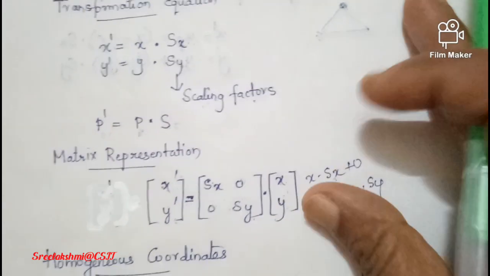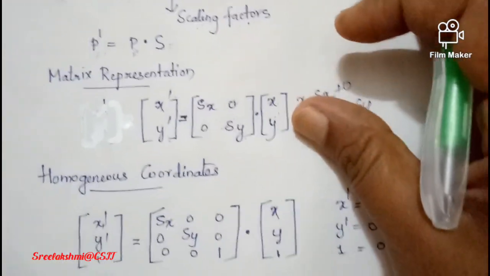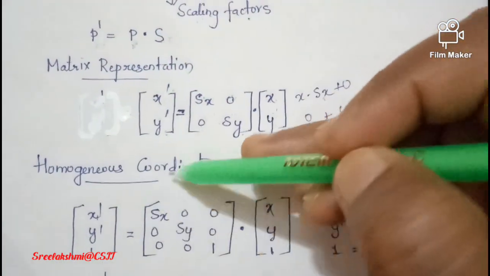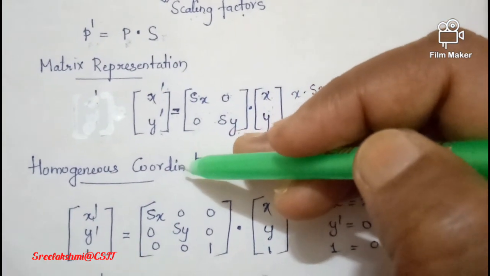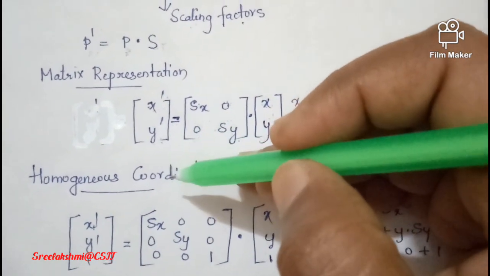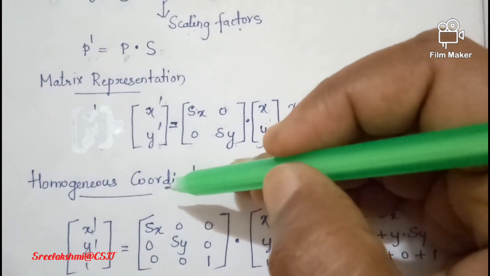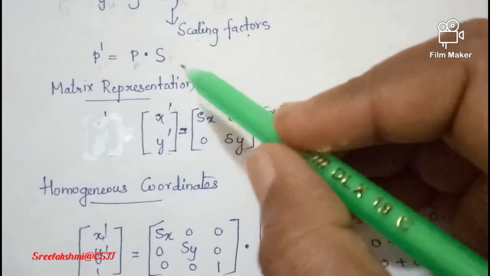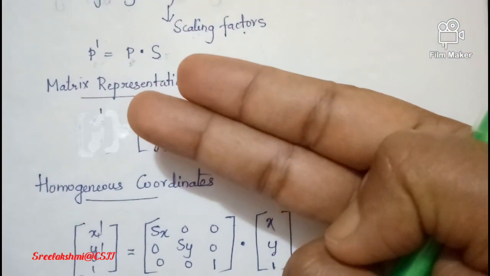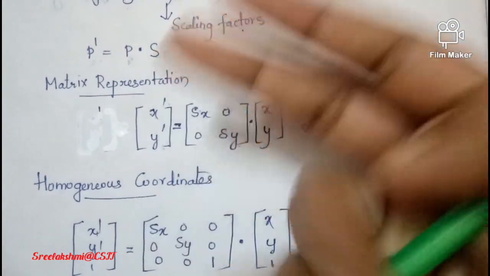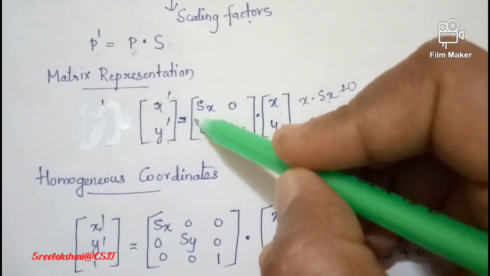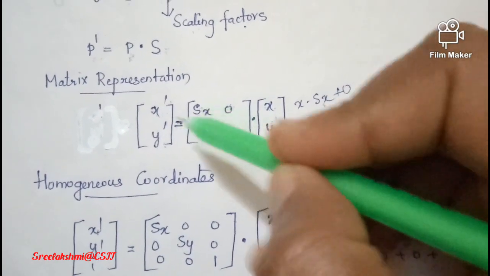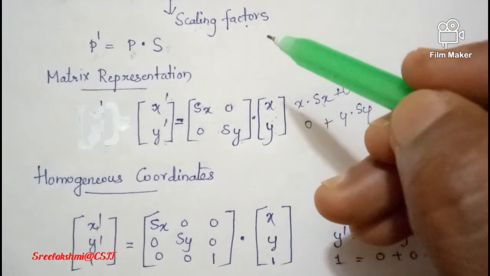Okay. Now comes homogeneous coordinates. As I told you in the previous session, homogeneous coordinates means you can represent an n coordinate system using n plus 1 coordinates. That means we are now talking about a 2 coordinate system. Here we have only 2 coordinates, x and y. So the 2 coordinate system can be represented using 2 plus 1 coordinates, which is 3.